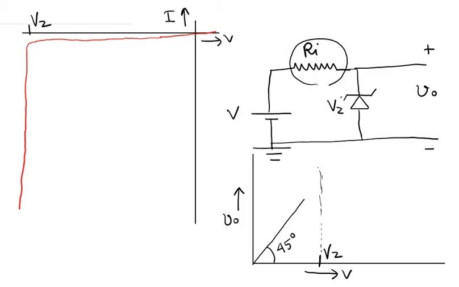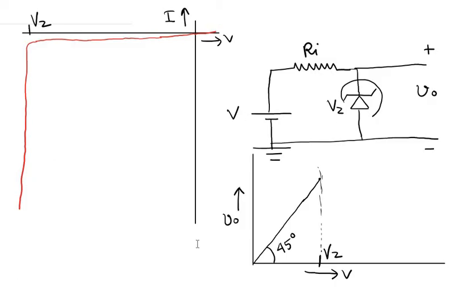The entire input voltage is appearing across this reverse biased Zener diode. So the output increases with the input with a 45-degree slope, and as soon as the input reaches the value Vz, this Zener diode enters the reverse bias breakdown regime.